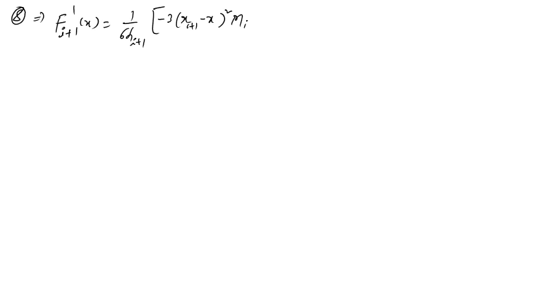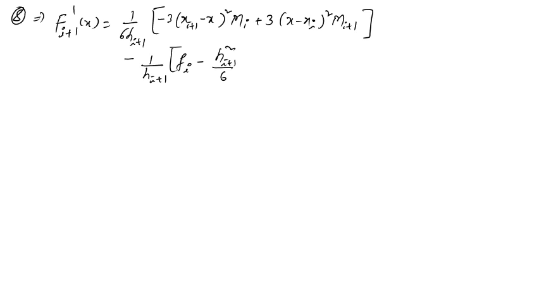And another one, 8 implies, what is 8? fi plus 1 dash x equal to 1 by 6 hi plus 1 common in the first two terms, minus 3 into (xi plus 1 minus x whole square mi plus 3 into (x minus xi whole square mi plus 1, minus 1 by hi plus 1 (fi minus hi plus 1 square by 6 mi).